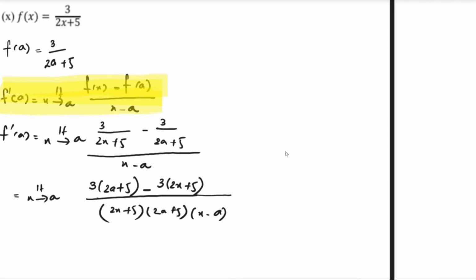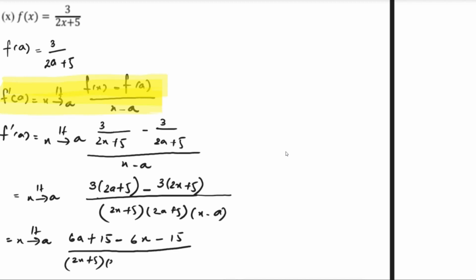Fine. Now x approaches to a. 3 into 2a plus 5: 6a plus 5 threes are 15, minus 6x minus 5 threes are 15, divided by 2x plus 5, 2a plus 5 and x minus a.